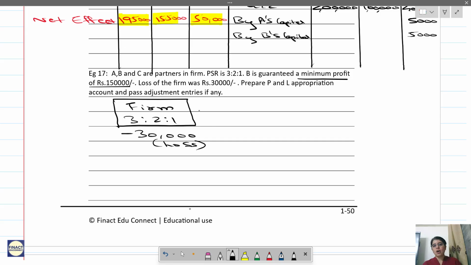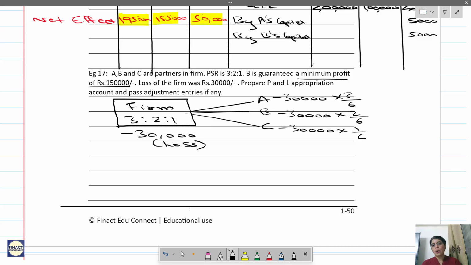Now this loss will be distributed to the three partners, A, B and C. So minus 30,000 into 3/6, minus 30,000 into 2/6, minus 30,000 into 1/6.